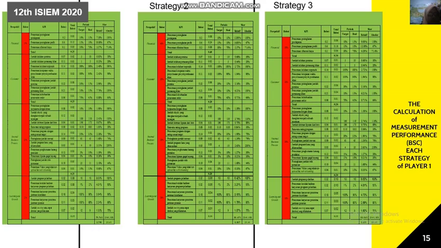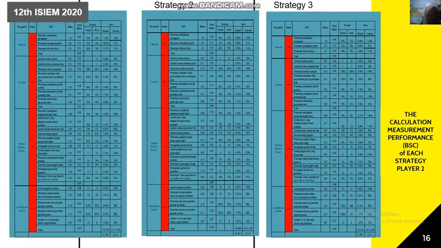After knowing the players and the strategies, the next step is to calculate the performance measurement with balanced scorecard of each strategy of each player. These tables show the calculation for each strategy of player 1, and these tables show the calculation for each strategy of player 2.